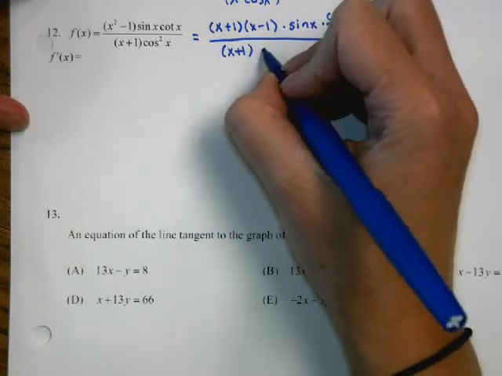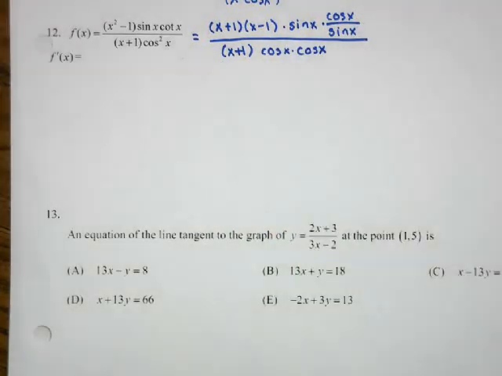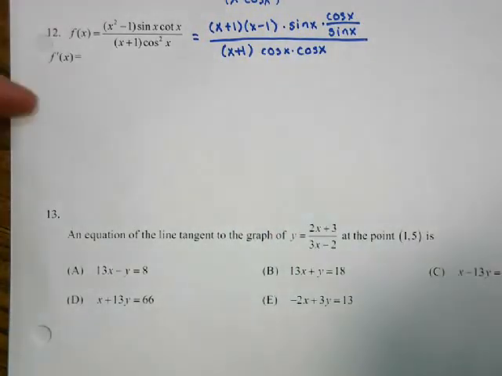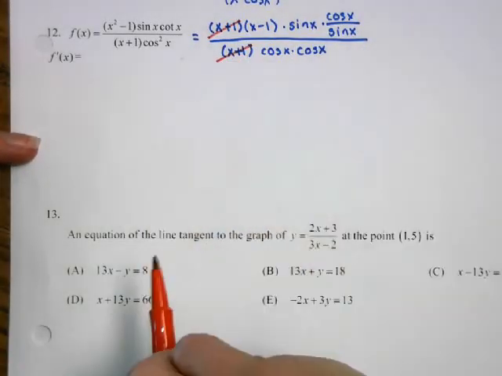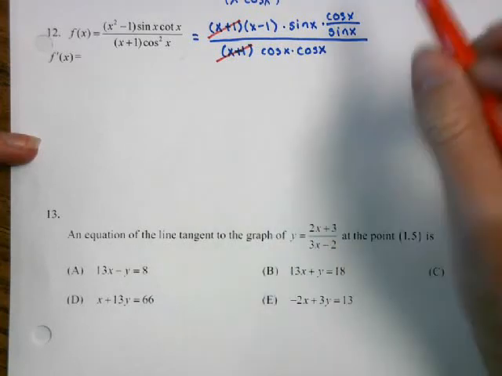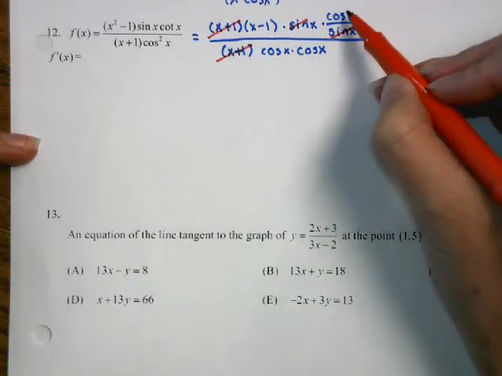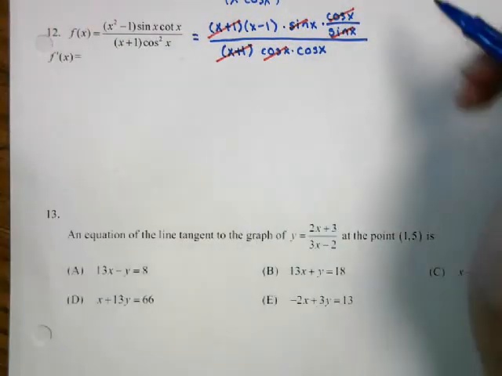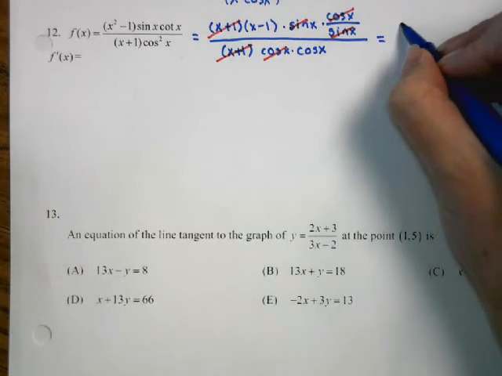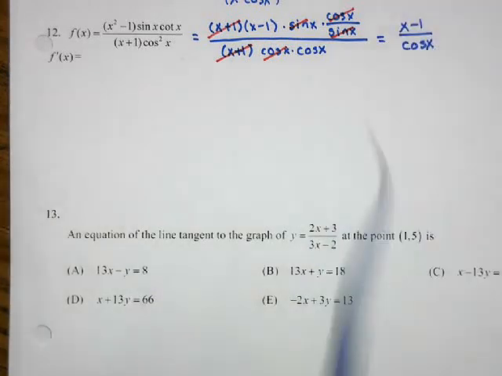And write this as cosine of x times cosine of x. All right, let's look at what we can get rid of. We have an x plus 1 on the top and an x plus 1 on the bottom. We have a sine of x that will cancel with this sine of x, which will leave me with just a cosine, so I can get rid of those. So this boils down to x minus 1 over cosine of x.